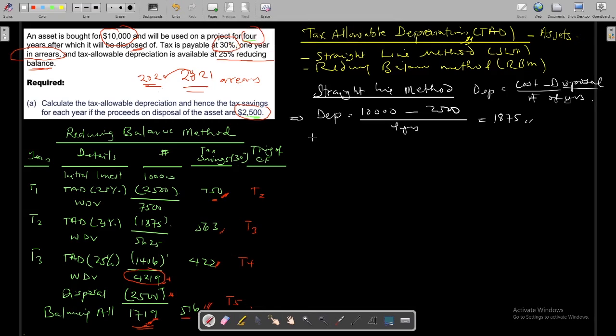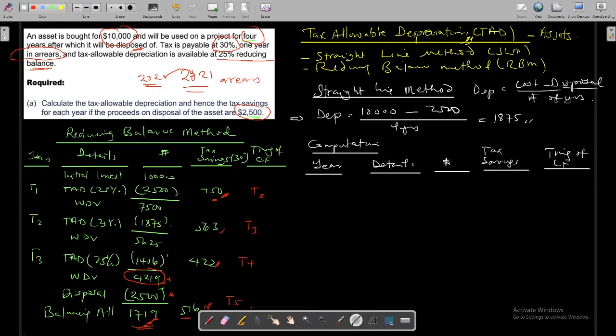So let's go through the computation. Here we start with the year, the details, the dollar amount, the tax savings, and the timing of the cash flows.